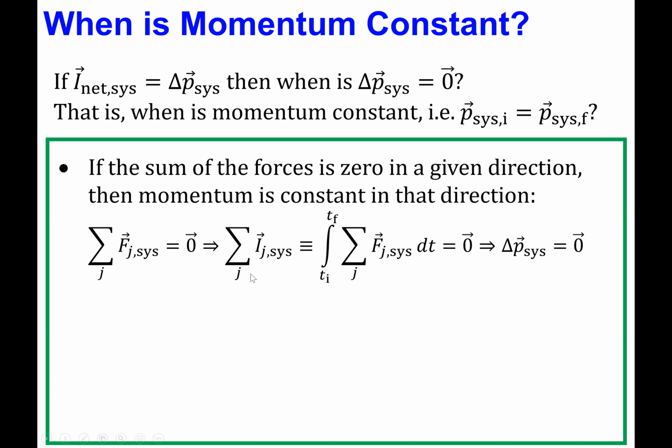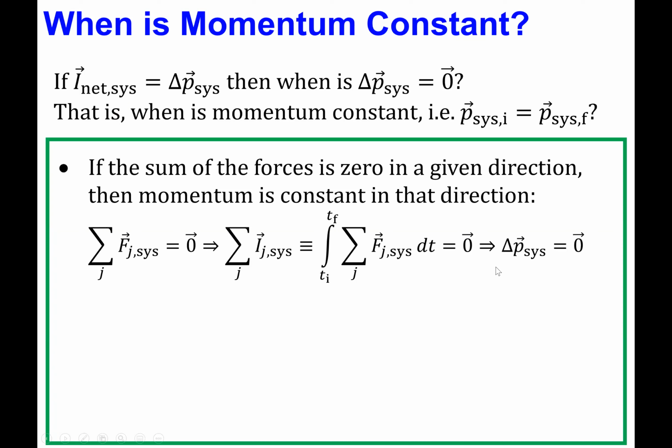And then since we're summing over all impulses, a summation comes into play. And all we've done here is swap the order of integration and summation. That allows us to take this initial assumption here and substitute it into this position here. And then that tells us that the sum of the impulses is 0, if this condition is true.